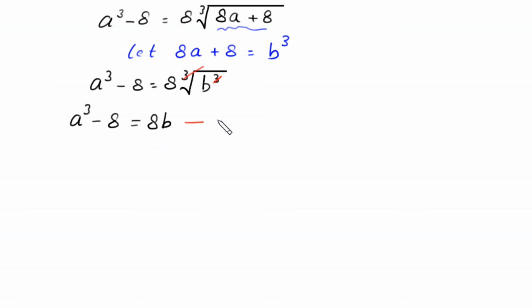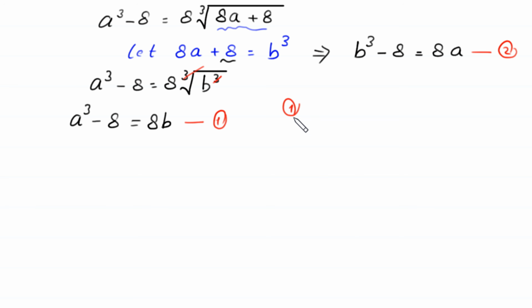Let's call this equation 1. From this equation, if we move this 8 to the right hand side, then this implies that b cubed minus 8 is equal to 8a. Let's call this equation 2.